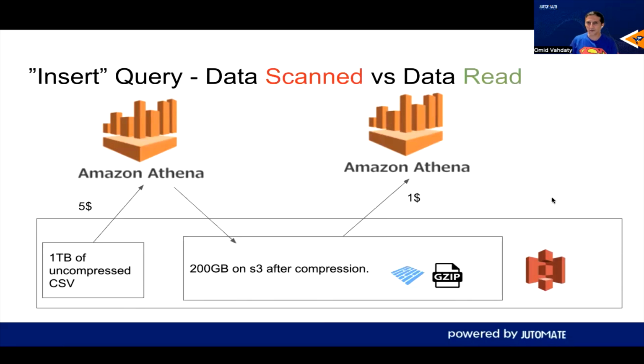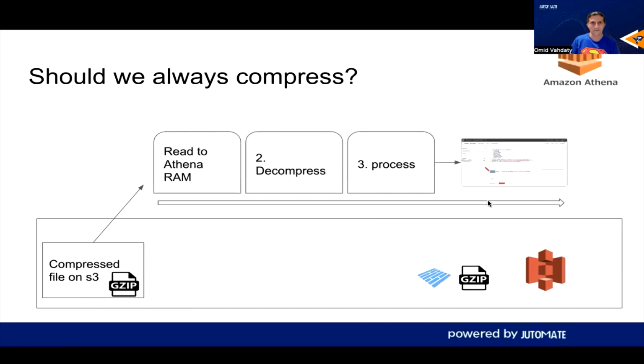So this is a massive cost reduction. So you can use Athena to do the initial read, pay the $5, and then compress it back to S3. And for every subsequent query, you just pay the reduced fee for the same data.